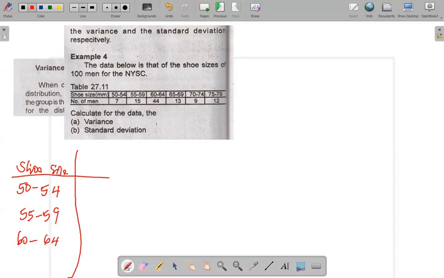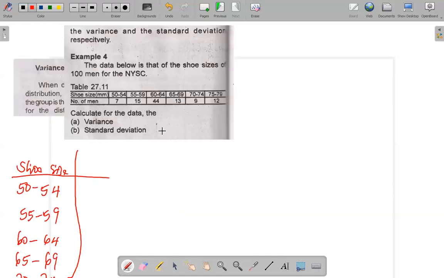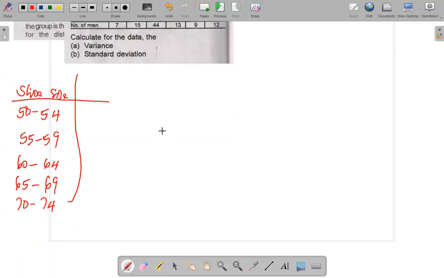The next is 65 to 69. And the next is 70 to 74. And finally, we have 75 to 79.